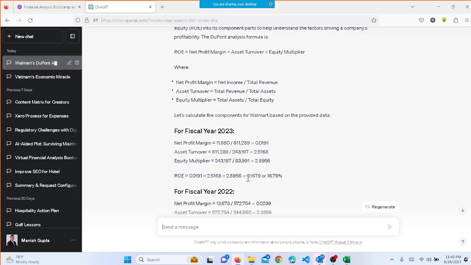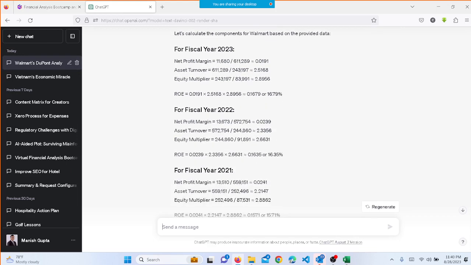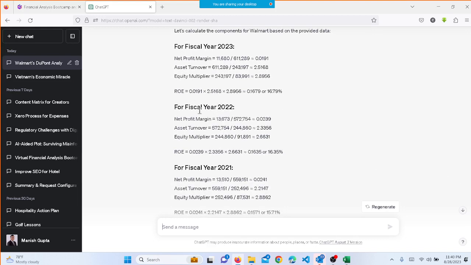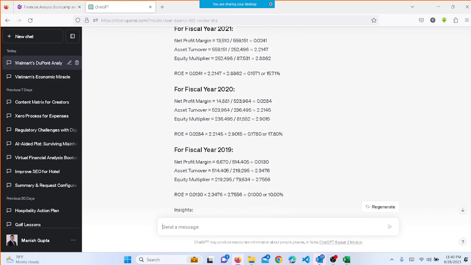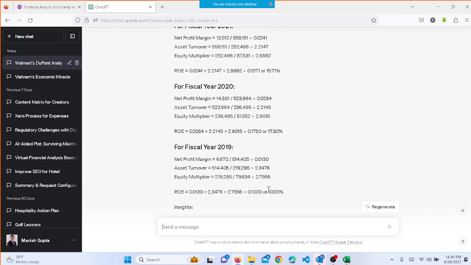Okay, it has calculated the net profit margin 11%, versus, our formula was a bit different, but it has calculated 16%, 16%, 15%, ROE 17%, and 10%.